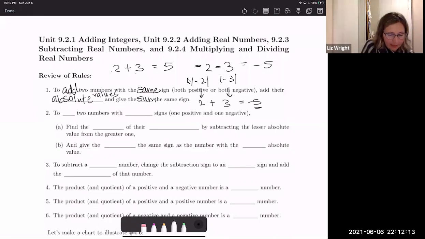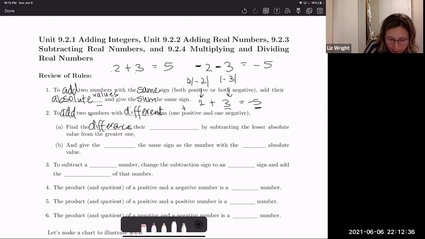Okay, so the next thing, it says to add two numbers with different signs, where one is positive and the other one is negative. We are going to find the difference. So that's subtraction. Sorry, that is so messy. Let me rewrite that. Find the difference of their absolute values.